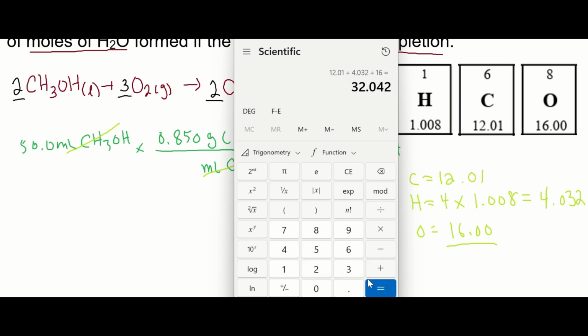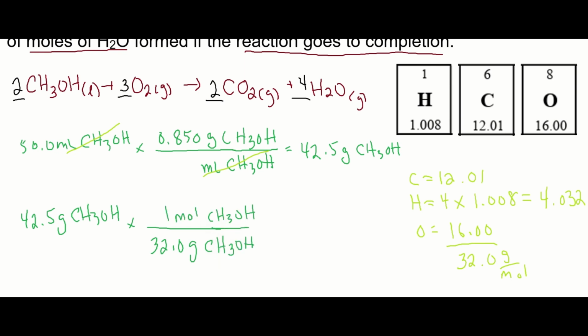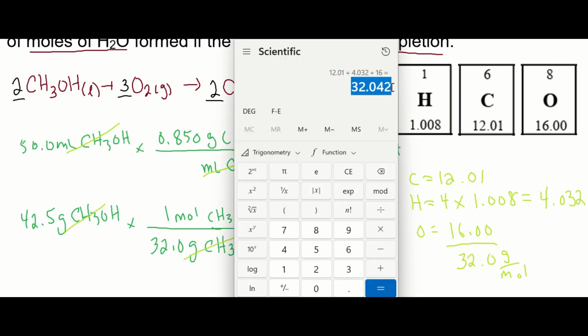So there's the molar mass of methanol. Let's use that to convert grams of methanol to moles of methanol. So we have 1.33 moles.